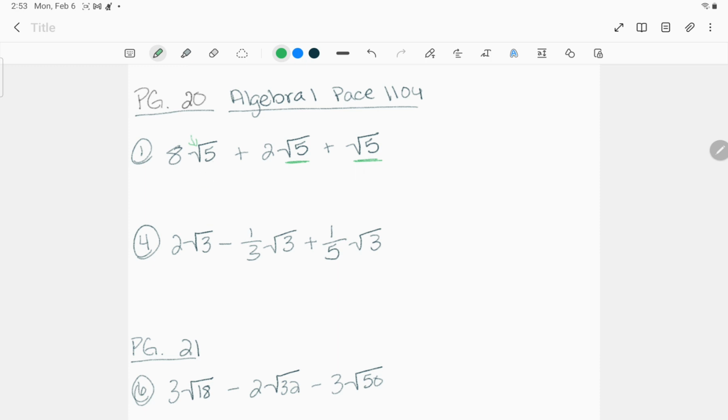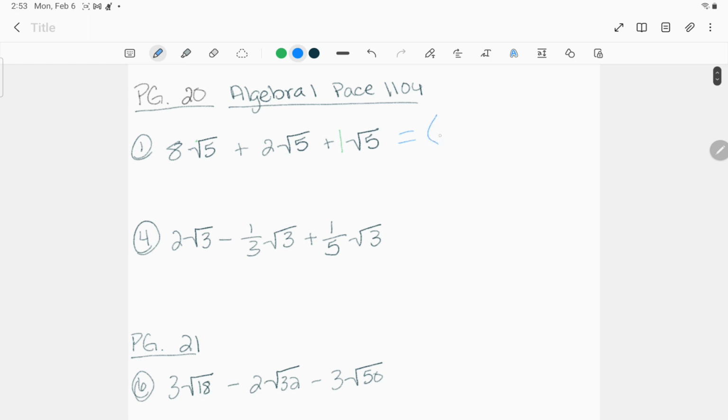Okay? So all of these on number 1 are the same. You have 8 plus 2 plus 1. Remember, there's an understood 1, okay? So this is going to equal 8 plus 2 plus 1 times the square root of 5. 8 plus 2 is 10, plus 1 is 11, times the square root of 5.